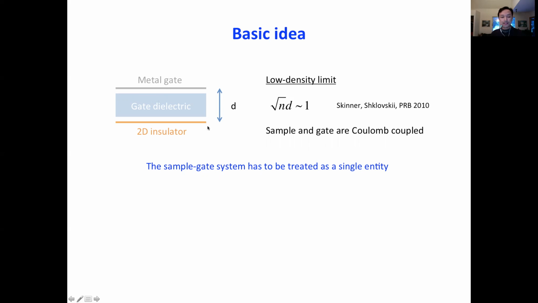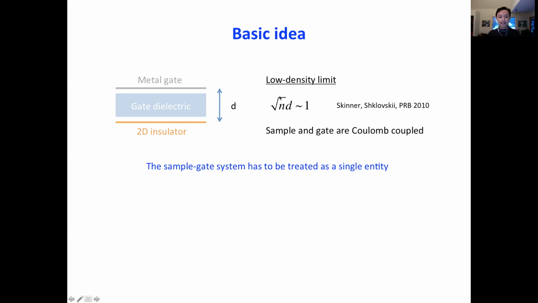This is the geometry of the device, and it's well known, as discussed in a paper in 2010, that in the low density limit, meaning that the square root of the density, which is roughly equal to 1 over the average separation between the carriers in the 2D insulator, times the distance between the insulator and the gate is smaller than or roughly equal to 1.